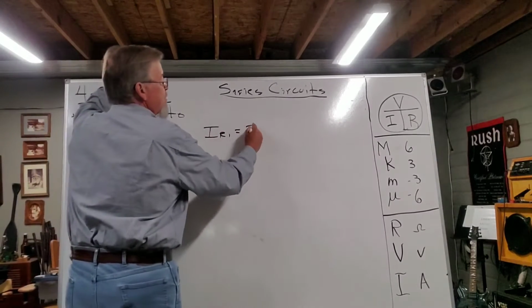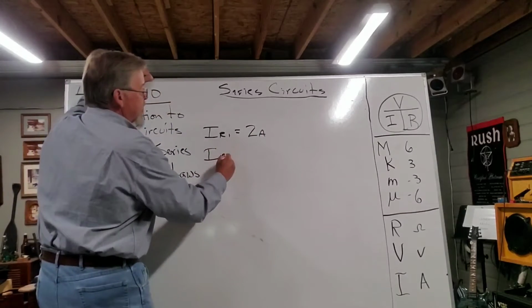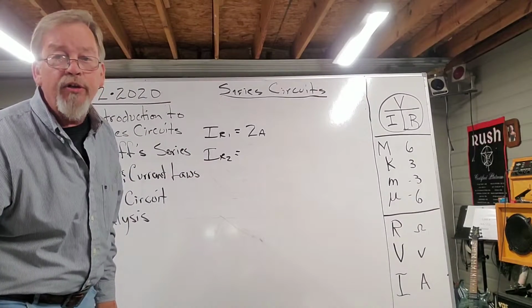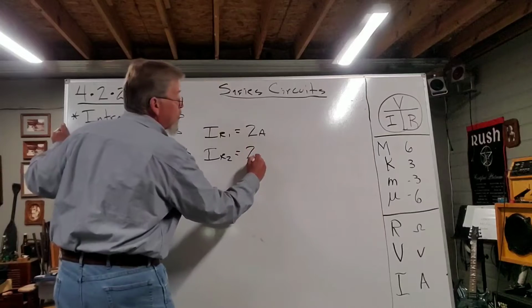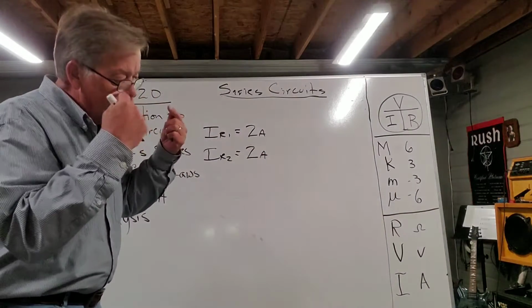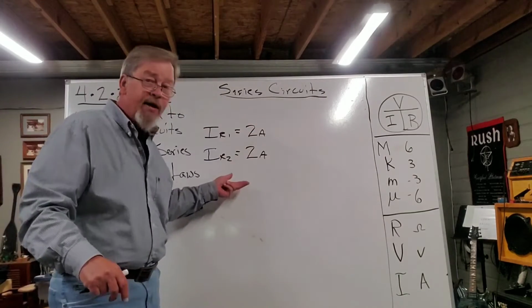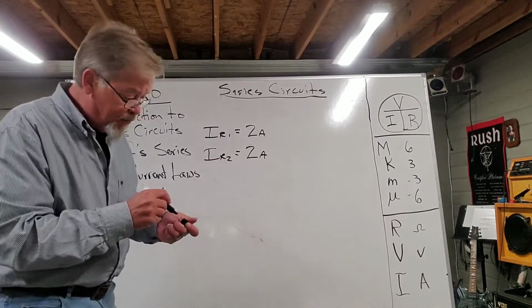If I say that's 2 amps, and it's a series connection with R2, you know what I know right off the bat? I know current's the same. I'm going to write the same number down in an analysis. See, that's what you need to remember. The flow is the same, but also when we're analyzing these circuits, current is the same.